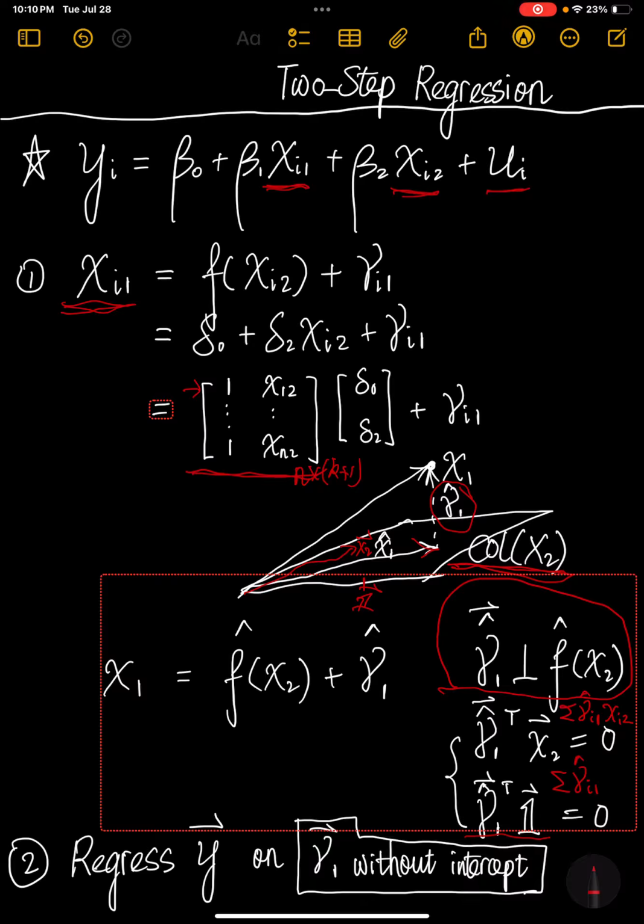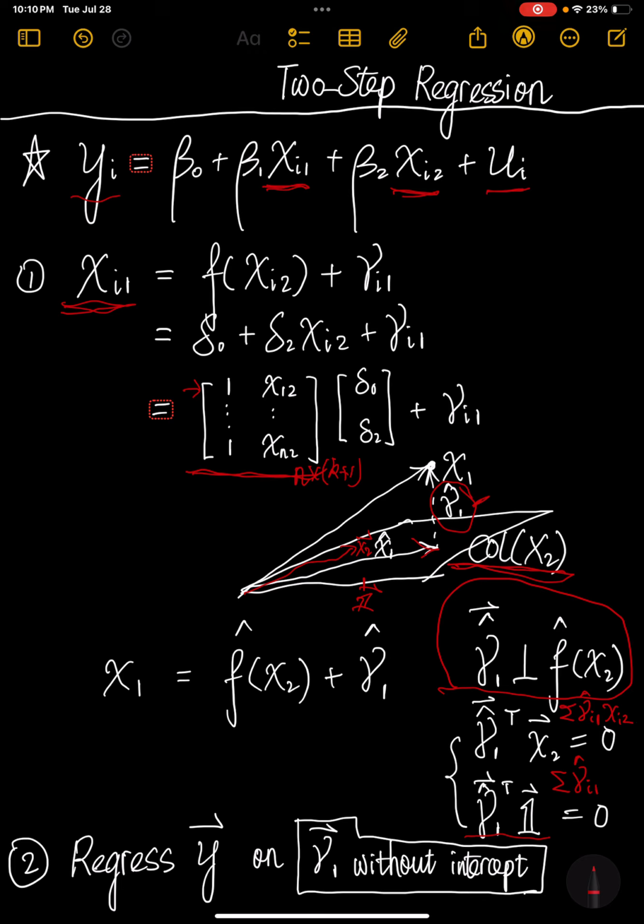Therefore, in the second step, we will further regress the rest of the information in y on this additional gamma 1 hat, the component in x1 that cannot be explained by x2.